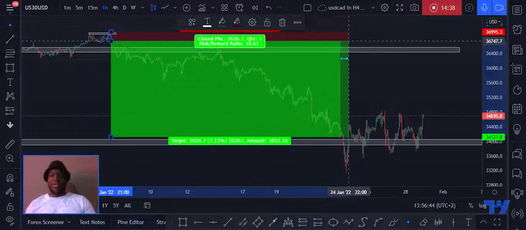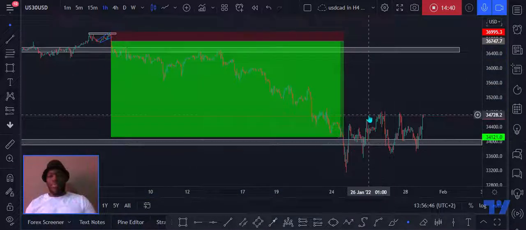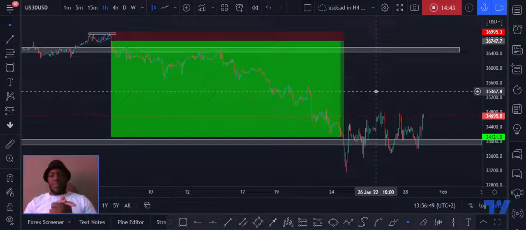You understand? A lot of money up to this support. That's where I would have said take your profits, guys, and everything. So this, guys, is the secret that they do not teach you.